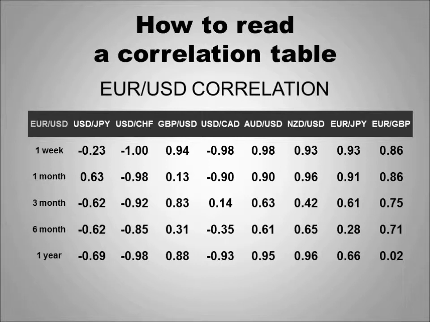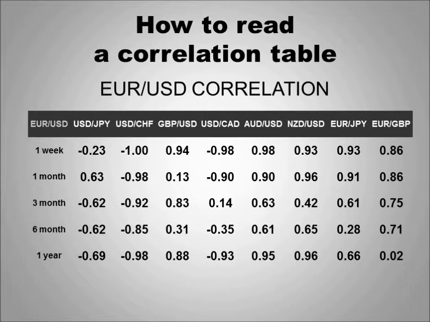However, let's move to the next column, the US dollar-Swiss franc pair. Now, there's a high correlation between the two, but it's an inverse proportion, meaning in a 1-week period, the euro-dollar pair has been moving in one direction, and the US dollar-Swiss franc pair moved in the opposite direction.